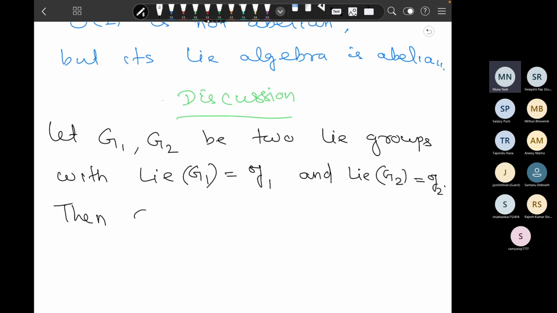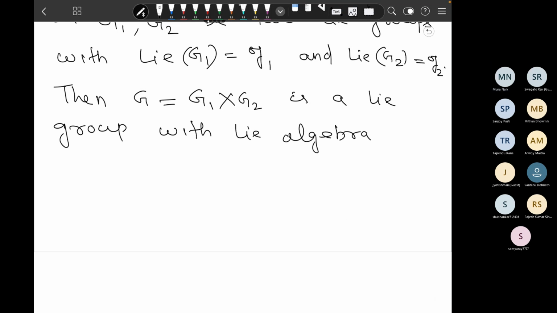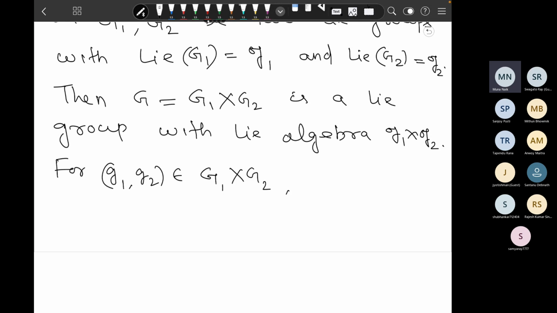Then G equal to G1 cross G2 is a Lie group with Lie algebra g1 cross g2. Now for this (G1, G2) belonging to G1 cross G2, define this. Okay, so for this (G1, G2), we know that this.